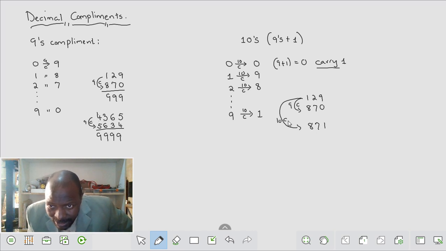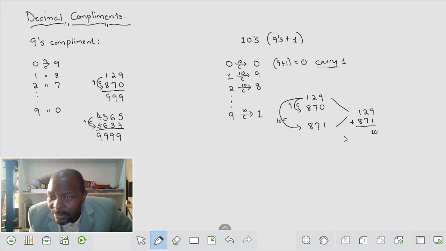So let's look at something interesting here. I will take the number 129 and the 10's complement 8, 7, 1, and I'll add them together. Let's see something interesting here. 9 plus 1, guess what? It's a 10. But then we know that we write the 0 and we carry.